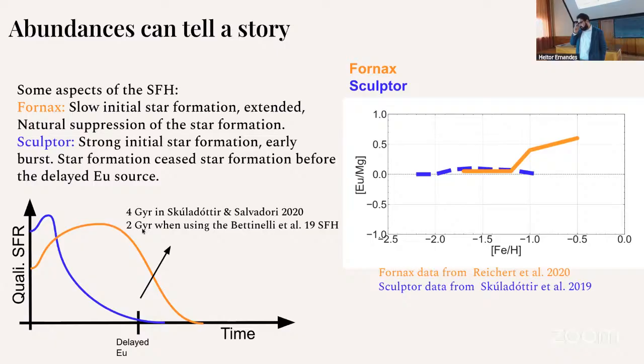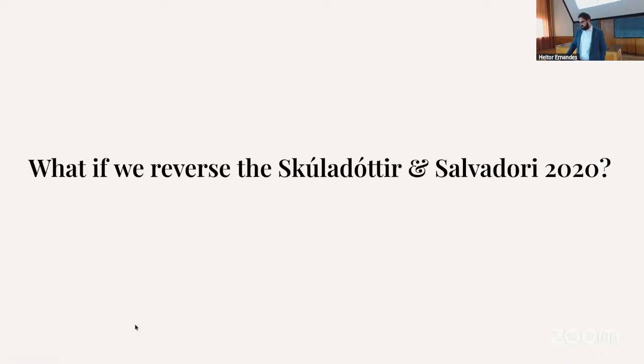And if you use a more recent star formation history for Sculptor, from Bettinelli, we can trace back for 2 gigayears. Now, keeping it in mind, we go back to the Gaia sausage and how we can interpret that.